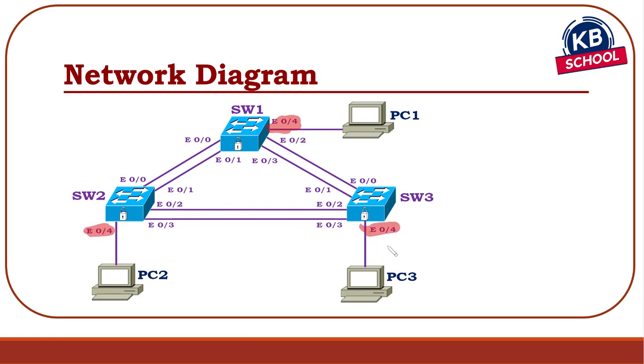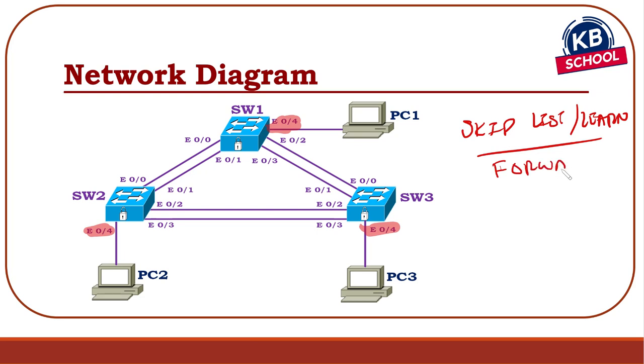My guarantee, the administrator says that. So on these ports that are connected to end devices, you have the ability to skip the listening and learning states and go into what state immediately? Forwarding state. If the administrator goes in and configures his port in such a way that it's connected to an edge port, edge meaning an end device. It's not connected to a switch.